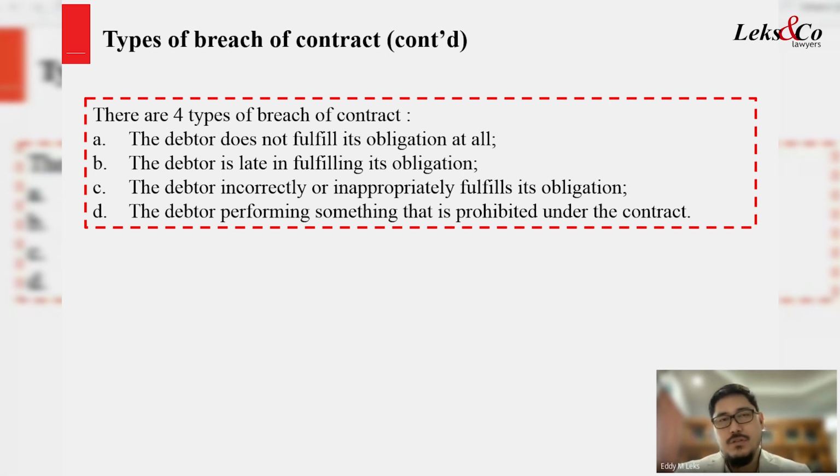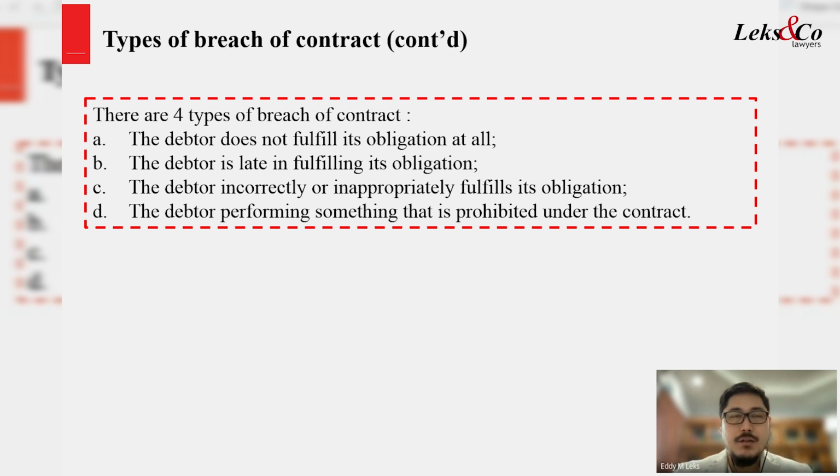So you will see that in the financing agreement or in the loan agreement, the basic thing is about lending money, right? So the bank gives money and you have to repay, right? That's the basic thing of the loan transaction.